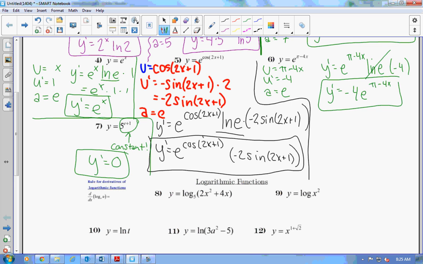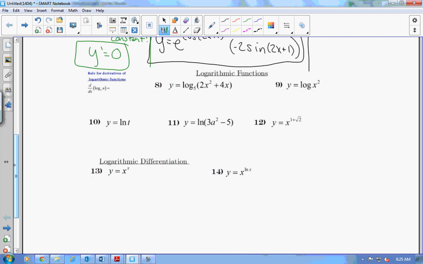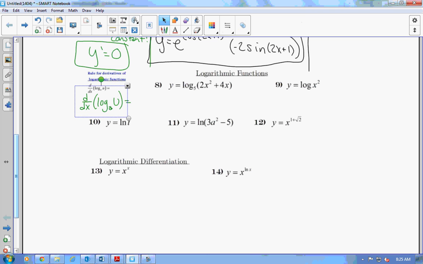Okay, logarithmic functions. Now, if you remember from secondary 3, if the base isn't written for the log, what's the base assumed to be? 10. Okay, so keep that in mind. So I'm going to rewrite this because that's too small. Log base a of u. So just like exponential, a was the base. In log, a is the base. That derivative is something nice and long, too.